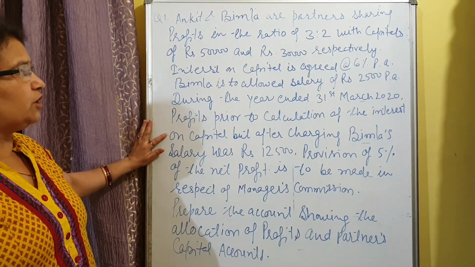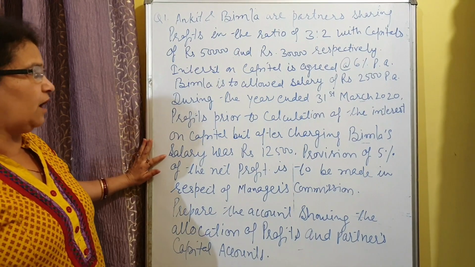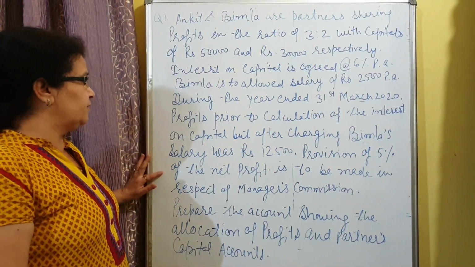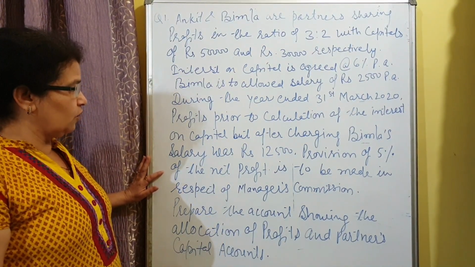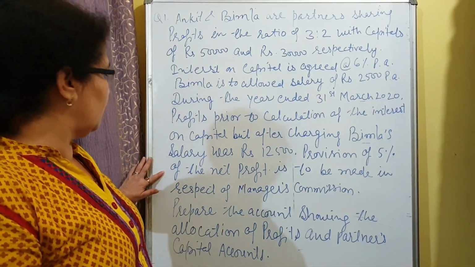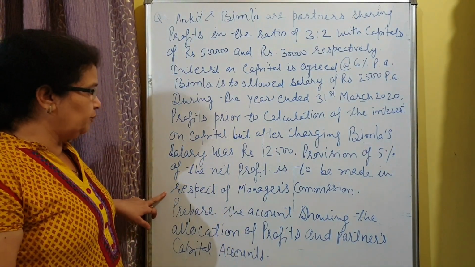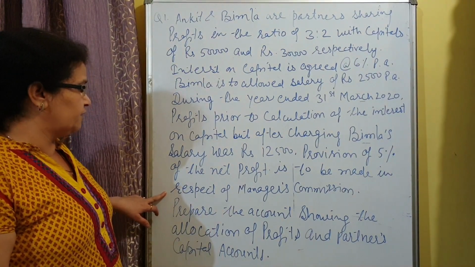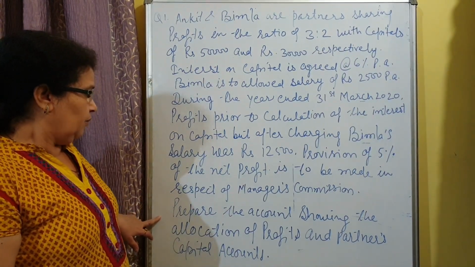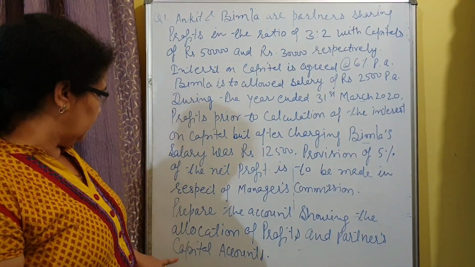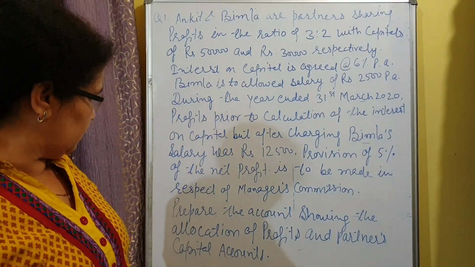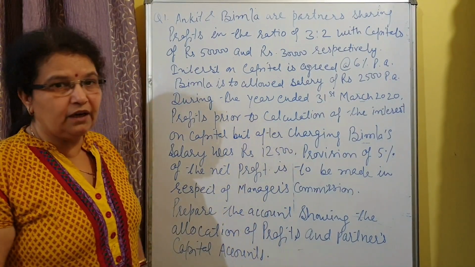Profits prior to calculation of interest on capital, but after charging Bimla's salary, was rupees 12,500. A provision of 5% of the net profit is to be made in respect of manager's commission. Prepare the account showing the allocation of profit and loss and partners' capital account.